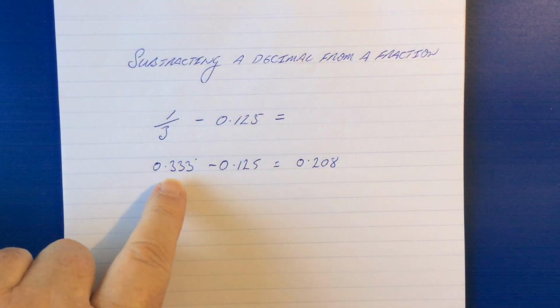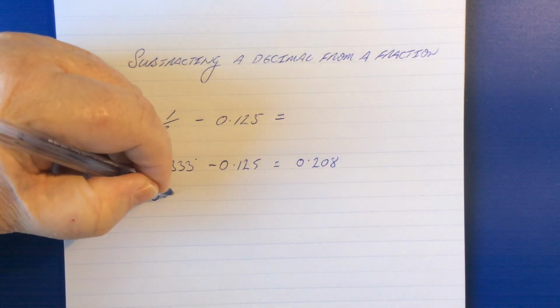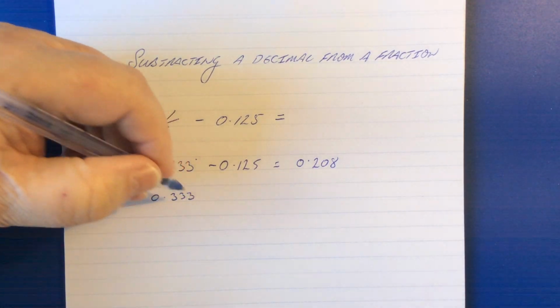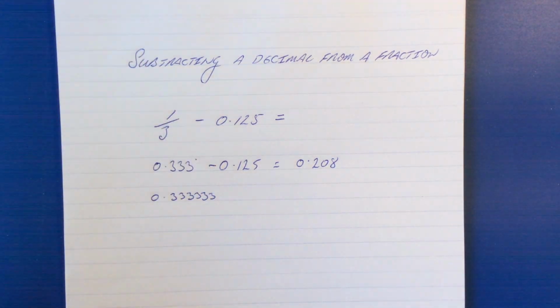Now, what I'm going to do now is I'm going to fill up my calculator's screen with as many threes as I can. Let's see, 1, 2, 3, 4, 5, 6, 7, 9, 10, 11, 12, 13, 14, no, 14, sorry.